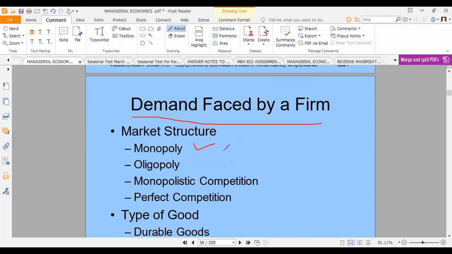A good example is Zesco. This price setter's demand is inelastic, meaning people can only complain, but the price will remain the same. The good is unique. The firms have economies of scale.